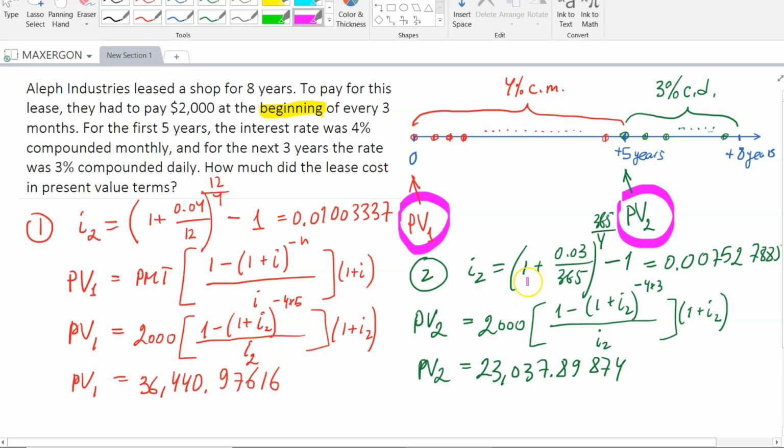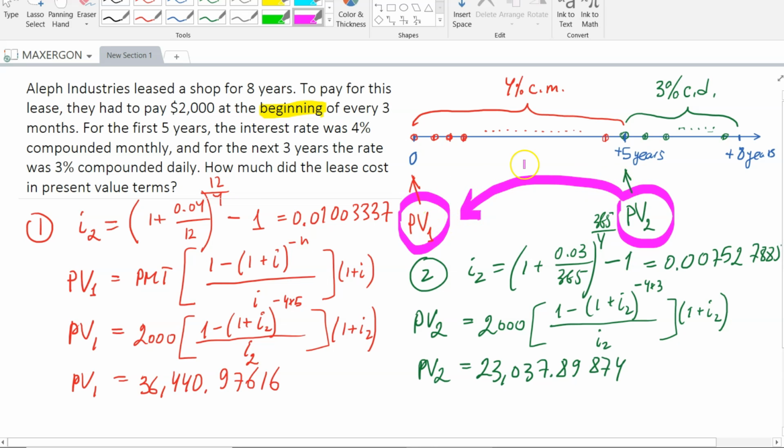As a result, this calculation led to present value 2, which is located 5 years from now. Therefore, we need to move present value 2 to the time where present value 1 is, in order for us to be able to add present value 2 to present value 1.